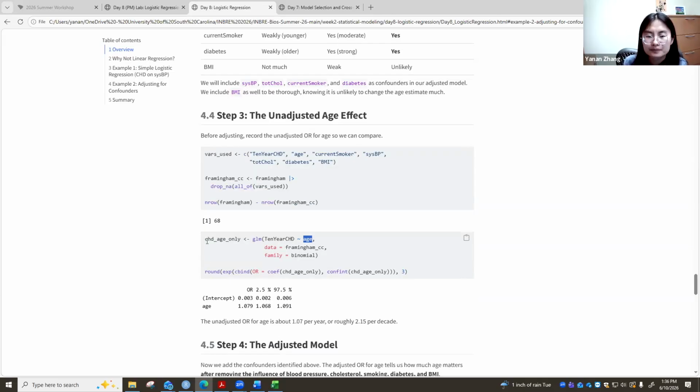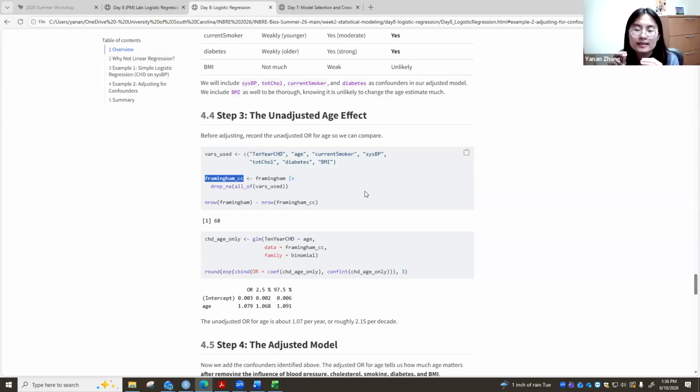First of all, we just keep whatever variables we will use in the data. We will use our outcome, age as the predictor, and the potential confounders. We only need these variables, so we only keep those, and we remove all the missing values. We save the new dataset as Framingham_CC.